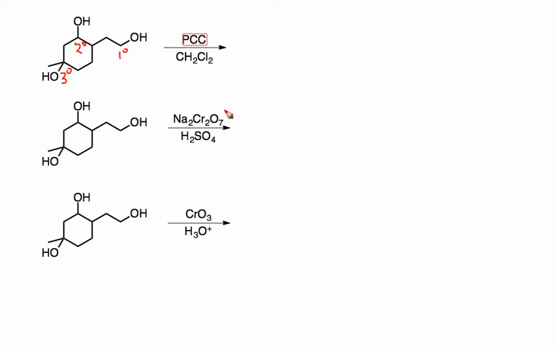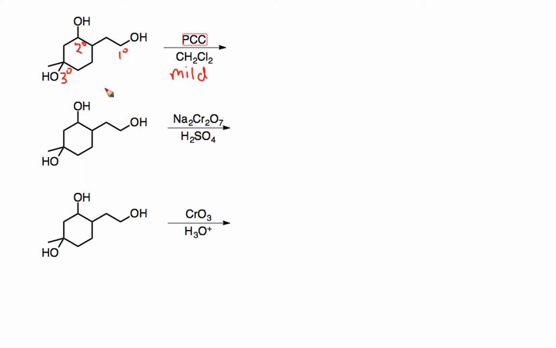Okay, and then we have a few different reagents here. We have PCC and dichloromethane, we have sodium dichromate, and chromium trioxide. So first we'll take a look at the PCC and dichloromethane. This is a mild oxidizing agent. So what does a mild oxidizing agent do?